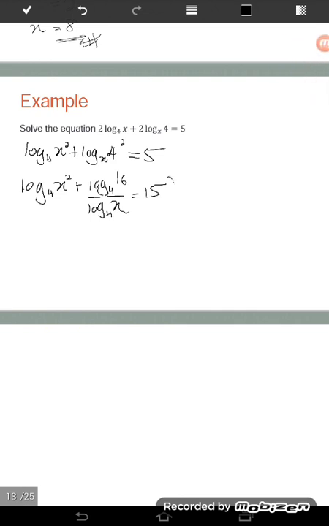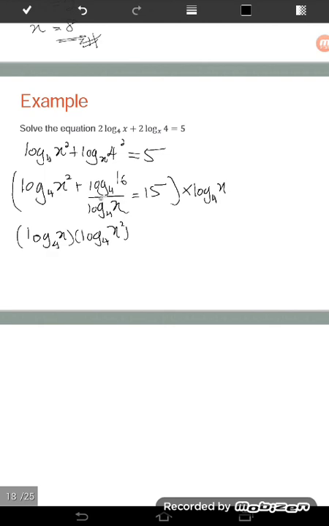Okay, so next we need to cancel the denominator. So to cancel the denominator, all of this we multiply with log x base 4. So log x power of 2 base 4 times with this one, we have log x base 4 times with log x base 4, so here power of 2.